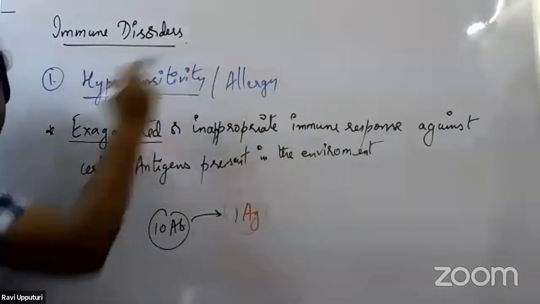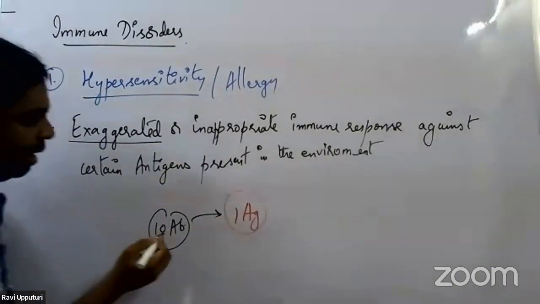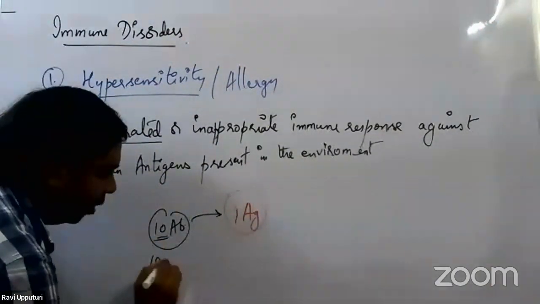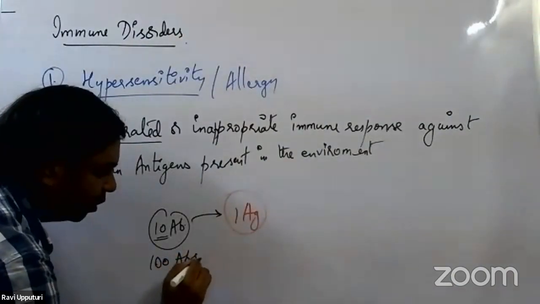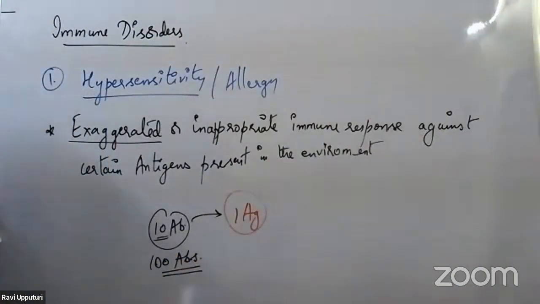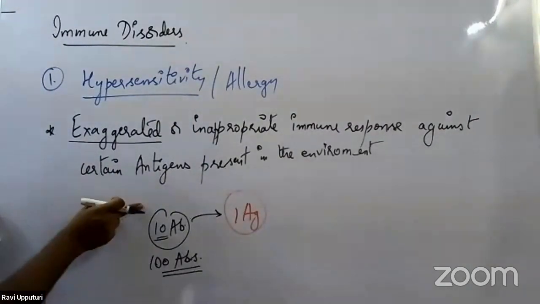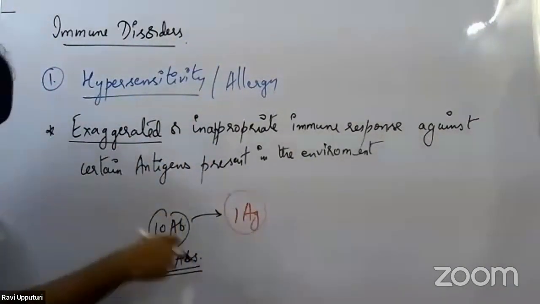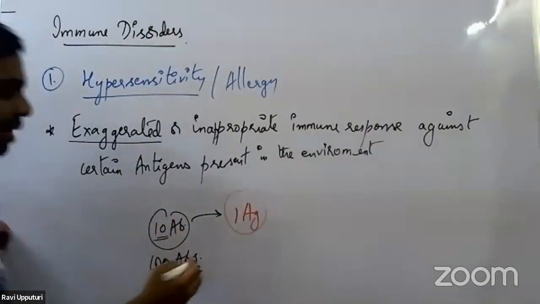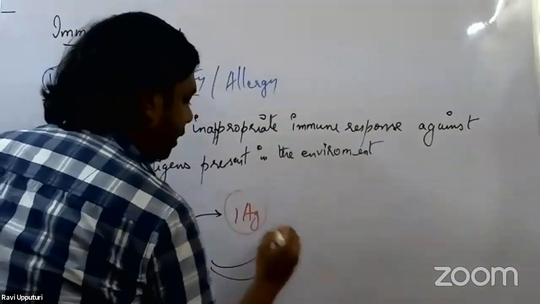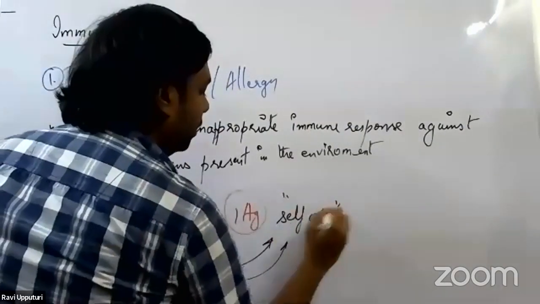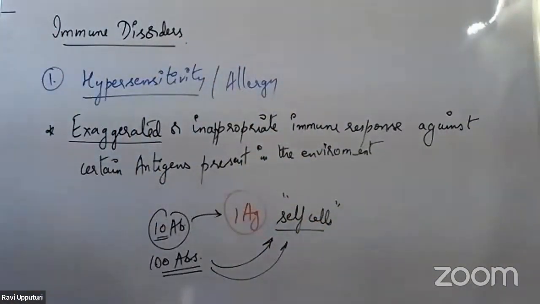But here in hypersensitivity, rather than 10 antibodies, 100 antibodies are being released. Now, what does this do? 10 antibodies will go and start targeting the one antigen. The remaining 90 antibodies would now start targeting the self cells that are present in our body. That condition we start calling hypersensitivity.